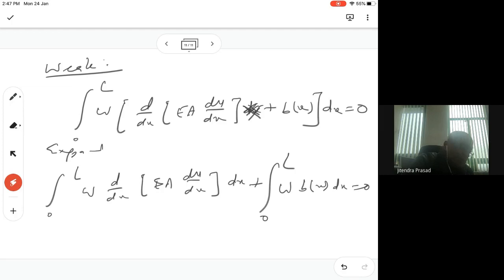Done. So we have two parts. One part is this, one part is this one. So write 1 plus 2 is equal to 0.